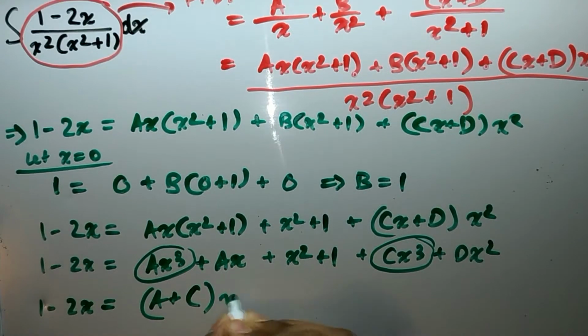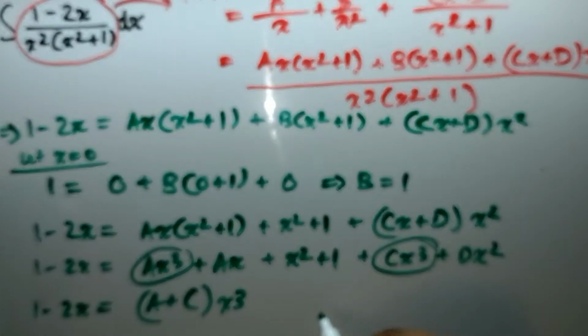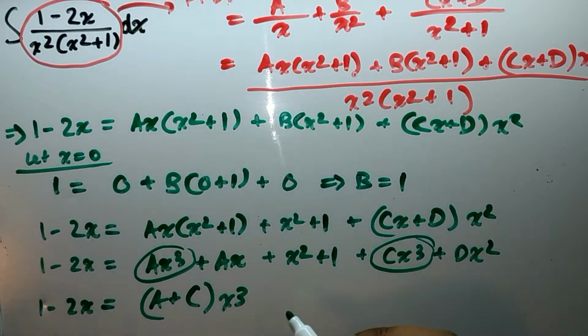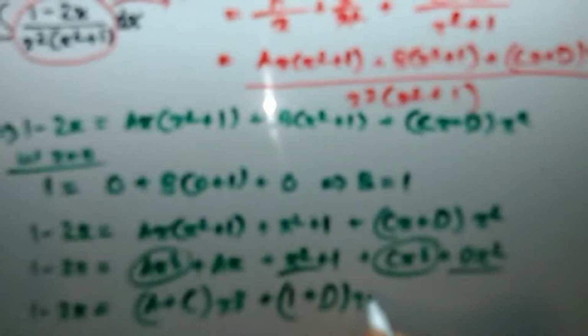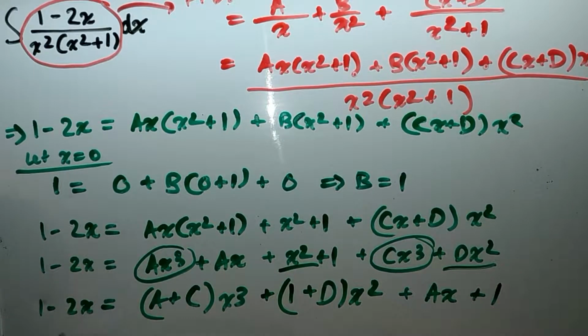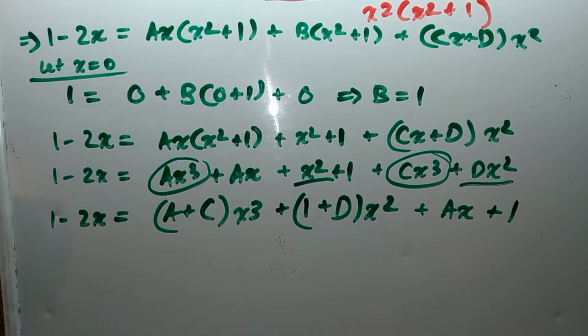Now we're going to group the cubed terms, so it's going to be a plus c times x cubed. And then the x squared terms, it's just going to be 1 plus d, so 1 plus d times x squared. And then the x terms are a and c... and just a, and the other one is just 1.